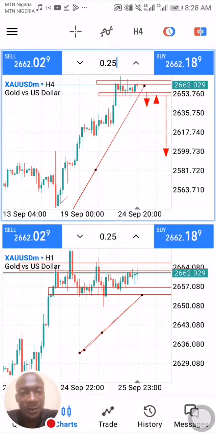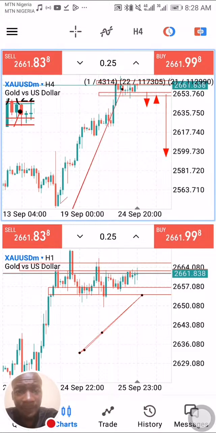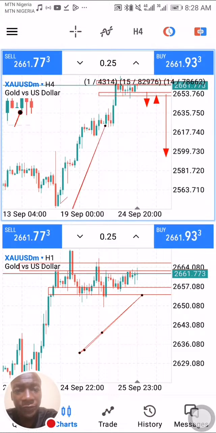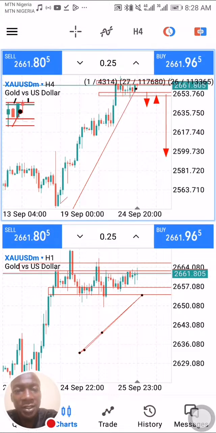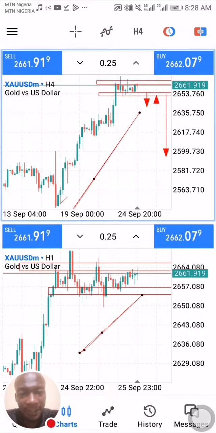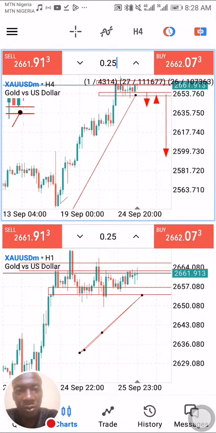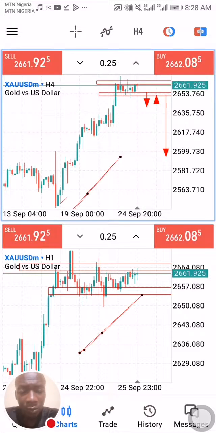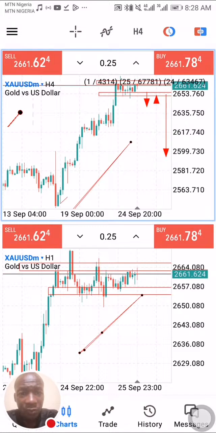So 60 to 70% of the time, when price is consolidating after a strong push phase or uptrend, price usually breaks down. But I'm not saying it doesn't break up and continue up, but most times it breaks down. But we need more evidence.